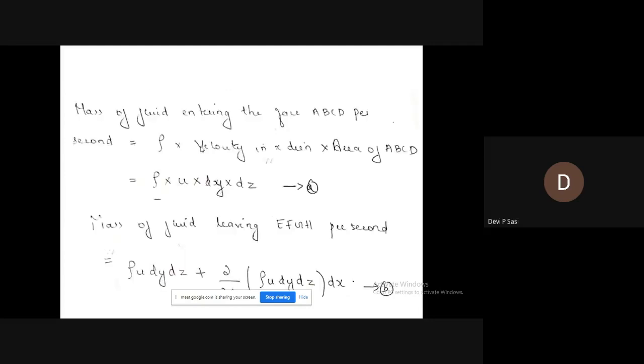So the area becomes dy into dz. The area of ABCD becomes dy into dz. Then what is the velocity in x direction assumed? The velocity in x direction is assumed as u.